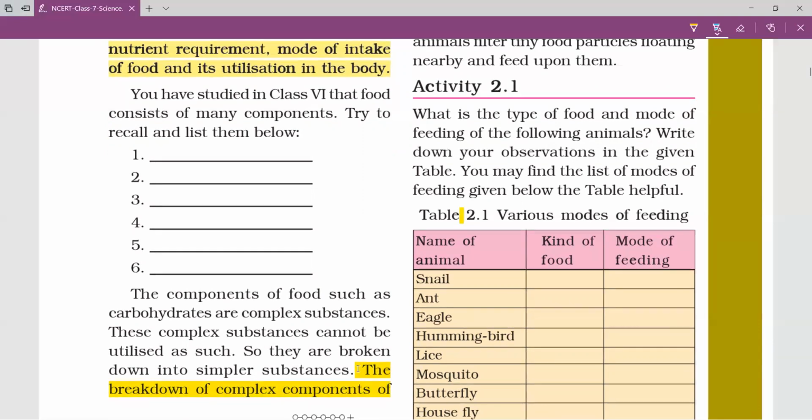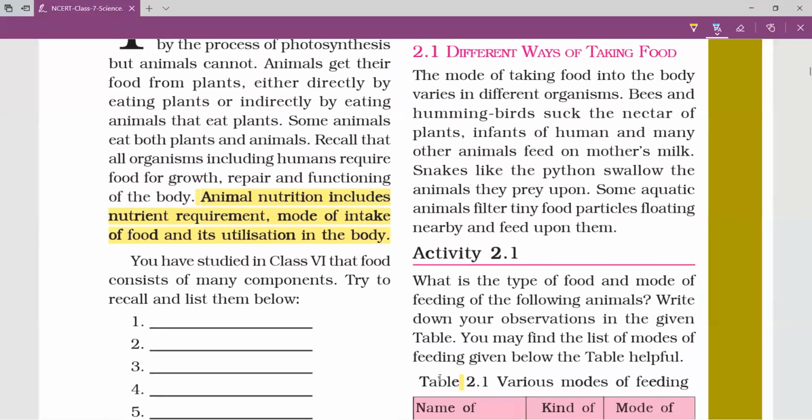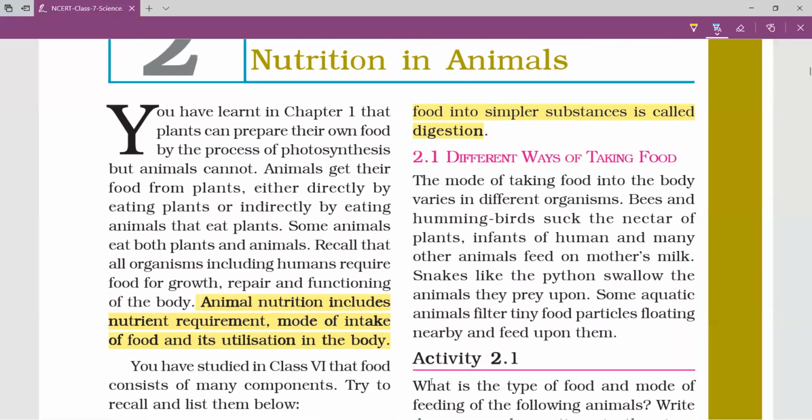Here you will see: the breakdown of complex components of food into simpler substances is called digestion. Do you understand the process of digestion? The food we take is not simple and will not get assimilated by our body, so it needs to be made simple so that it is digested easily. This overall process is called digestion.